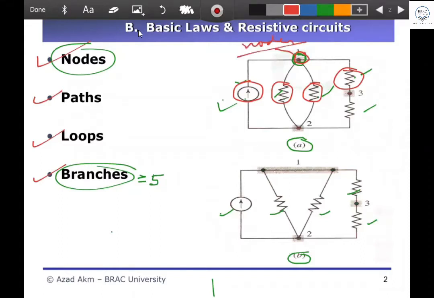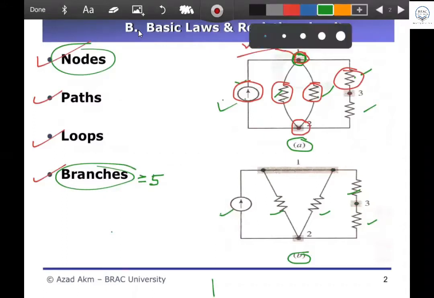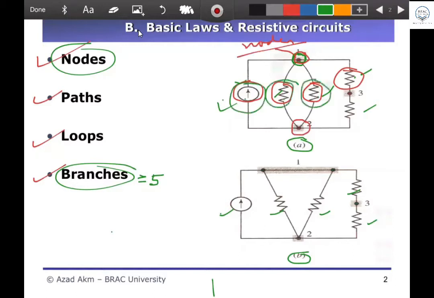In a similar way, 2 is another node. How many elements join at this node? 4, sir. Okay, try to understand. This current source, this resistor, as well as this resistor. These 4 green branches join together and give you node 2.